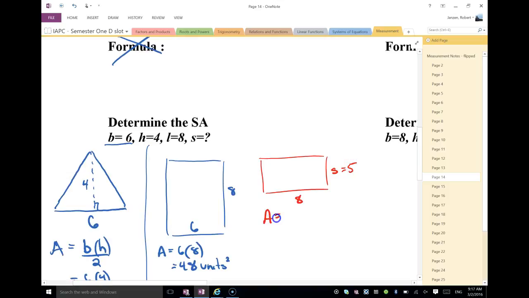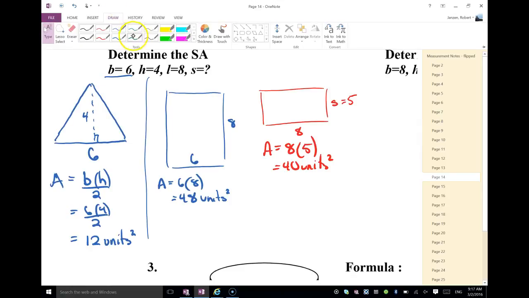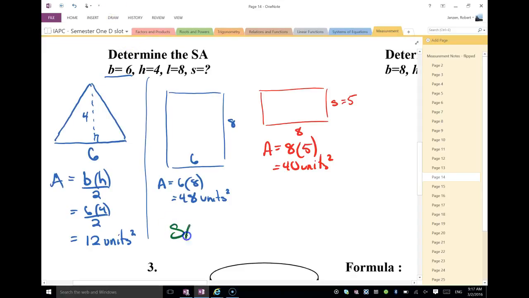I can now find the area: 8 times 5, which is 40 units squared. We now have the measurements of all the sides, so I can calculate the surface area. We've got two triangles, so 12 plus 12. We've got the big base, which is 48.